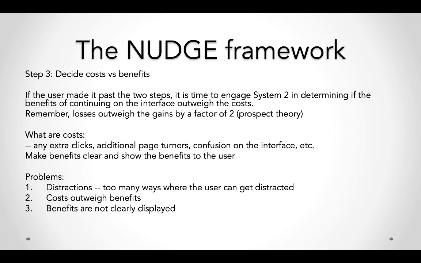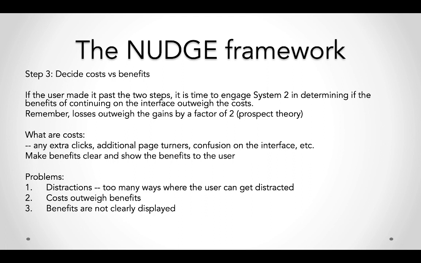So in step 3, we are going to engage system 2 in determining costs versus benefits. If the costs are more than the benefits, then we are not willing to go further. If the costs are less than the benefits, obviously we would like to go further. Remember, losses outweigh the gains by a factor of 2.